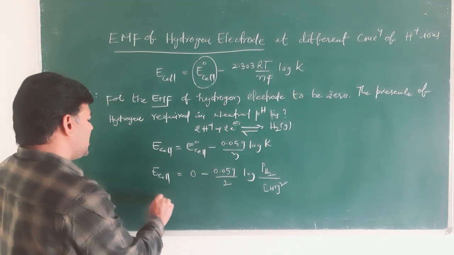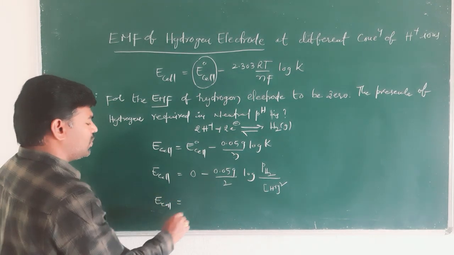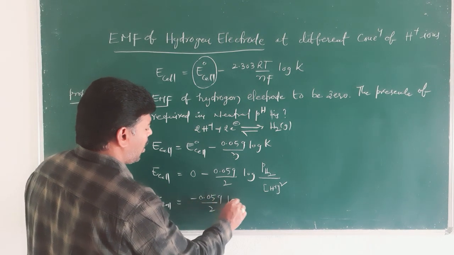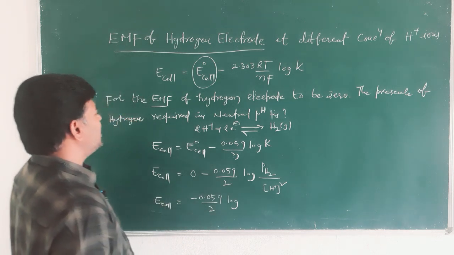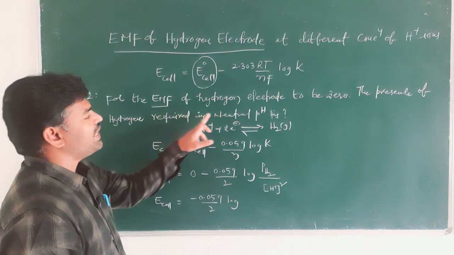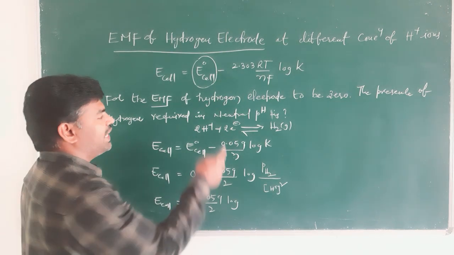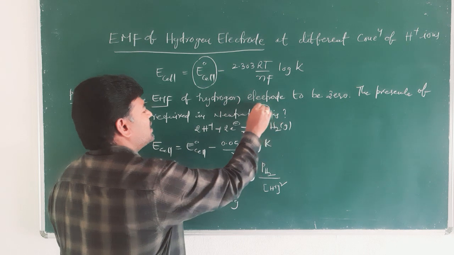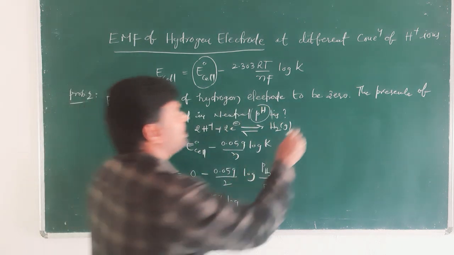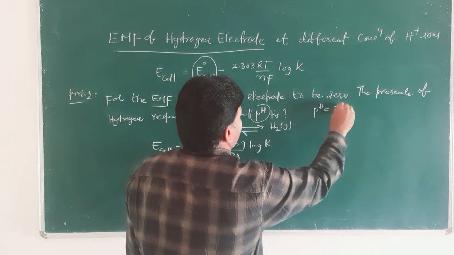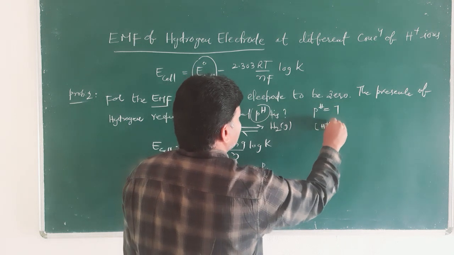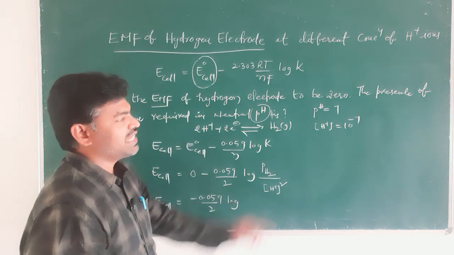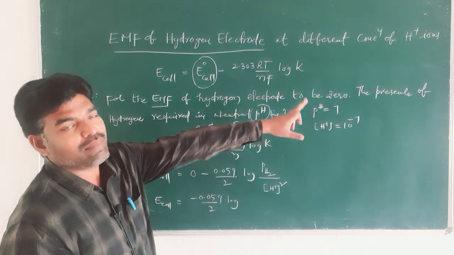Then E cell is equal to minus 0.059 by 2 log. Here, the pressure of hydrogen required in neutral pH. They gave neutral pH, that is, they gave the concentration of H plus ions. Neutral pH means pH equal to 7, then the concentration of H plus ions is 10 power minus 7 molar, right.